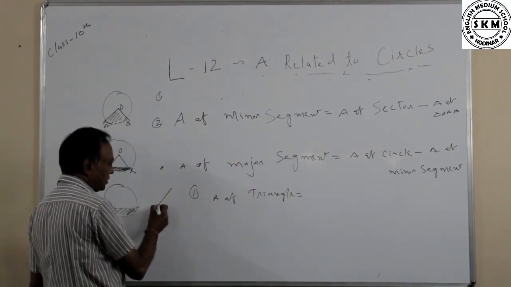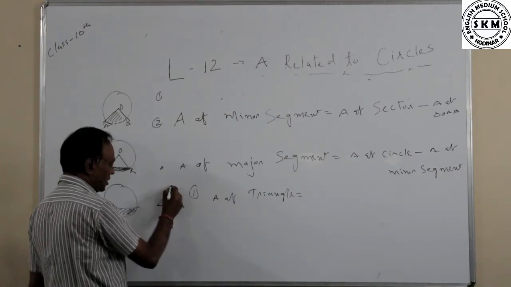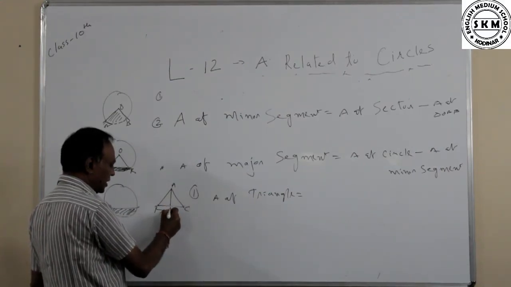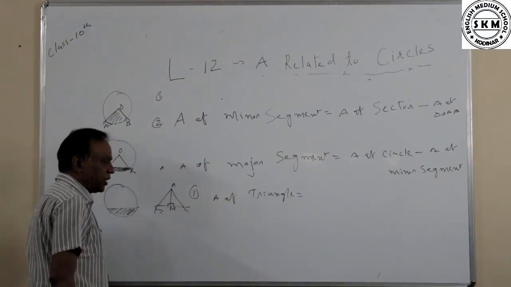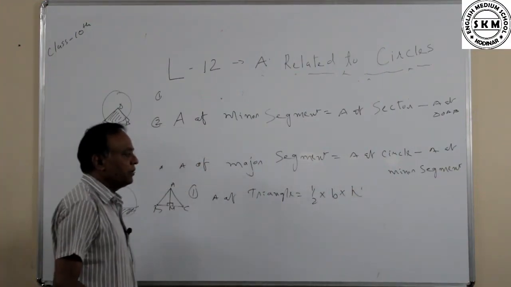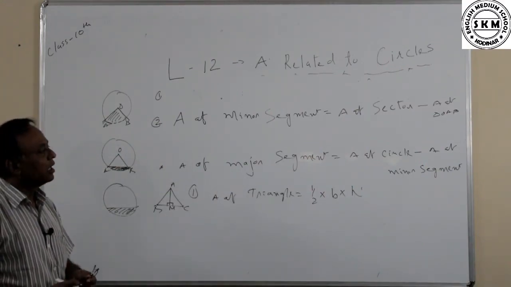Now I draw the figure. There is the triangle ABC, and AM is an altitude. So area of the triangle is equal to half into base into height of the altitude.